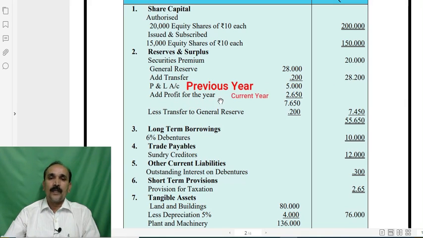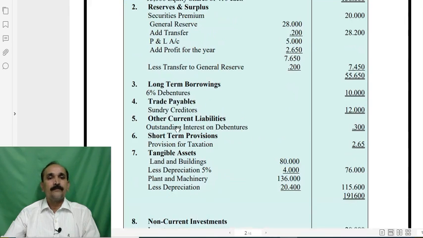Add profit for the year 2,650, ascertained from the income statement or profit and loss account for the year. Total 7,650, less transfer to general reserve 200. After the deduction of reserve, 7,450. Total of reserve and surplus 55,650.